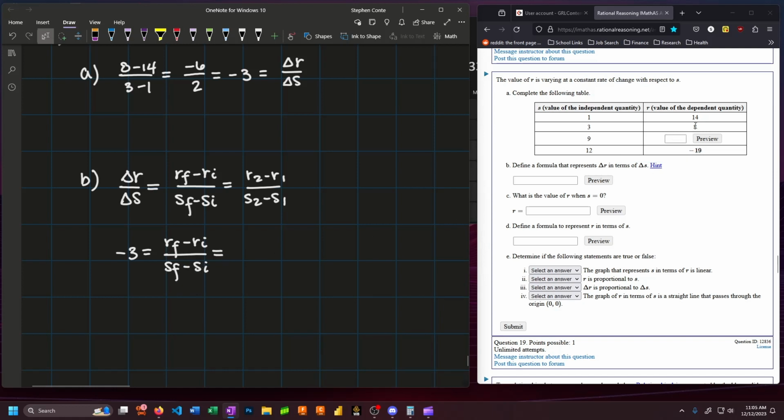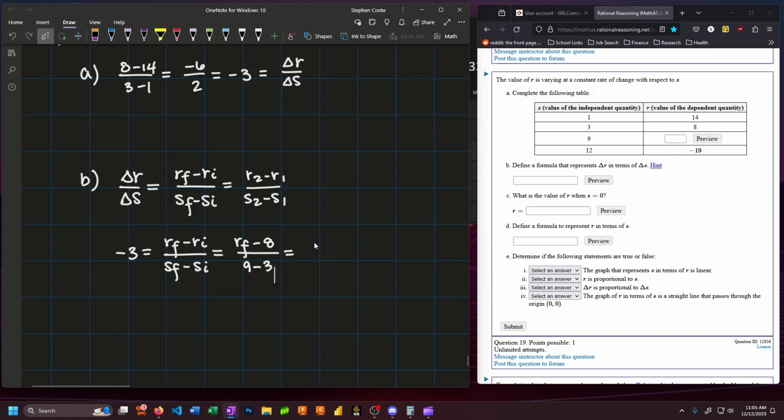What I want to do is use this 8 value as my r initial, this s value as my s initial. This is my s final, and then I want to solve for r final. So I'll leave r final as a variable. I'll subtract r initial, which we're going to say is 8, over 9, which is s final, minus 3.